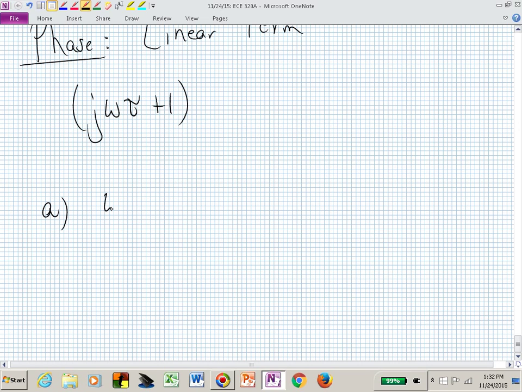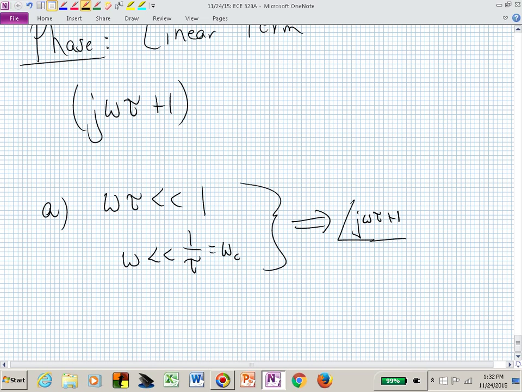The first extreme is when the imaginary part is much less than the real part, that's when omega is much less than 1 over tau, which is this break frequency, omega c. If that's the case, what's the phase of that piece?